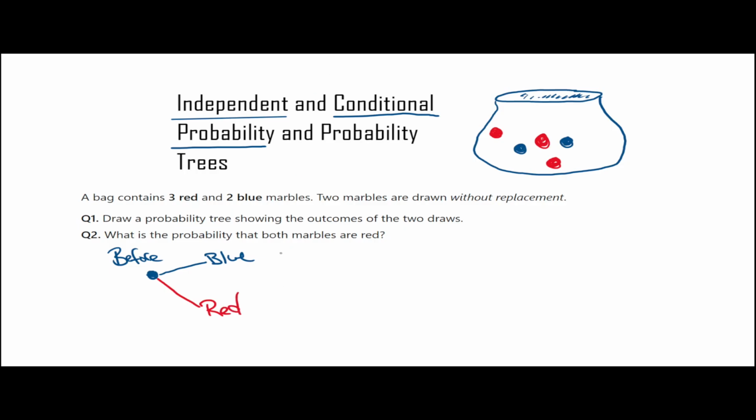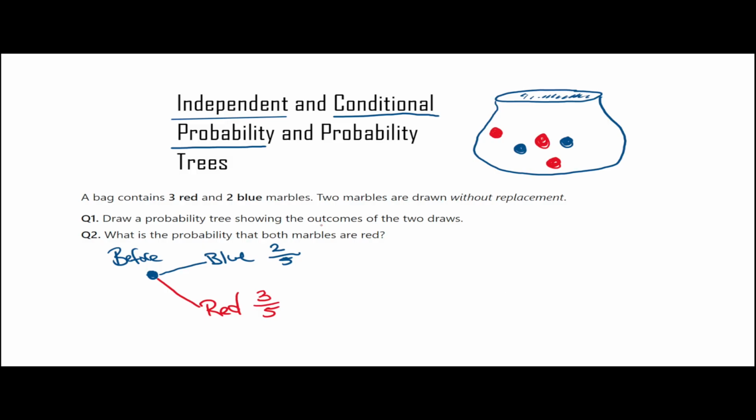Okay, well, how many blue marbles are there? There's 2 blue marbles and 5 marbles in total. How many red marbles are there? Well, there's 3 red out of 5 in total.